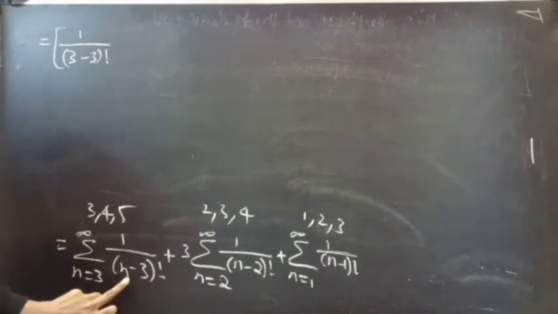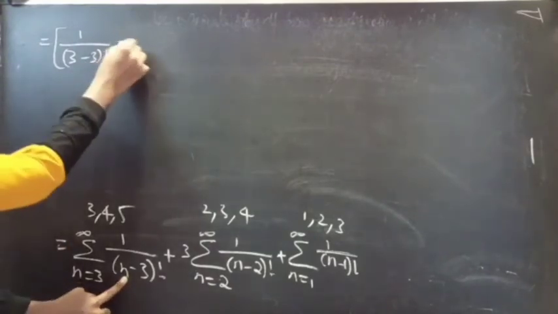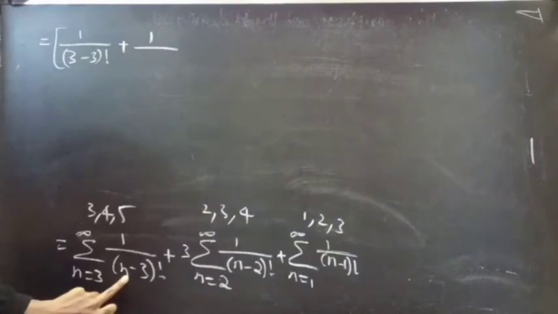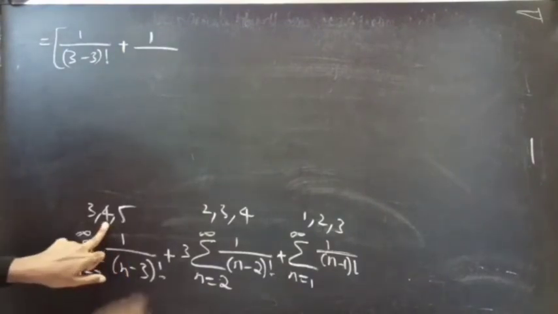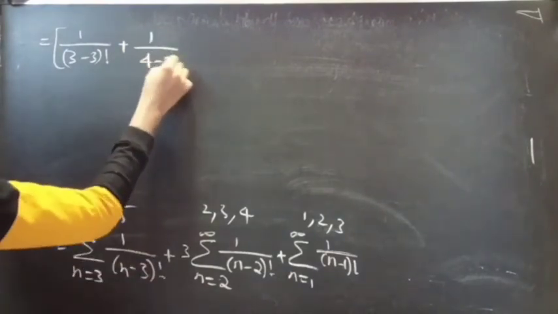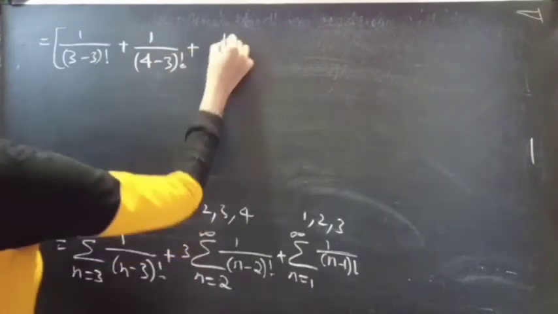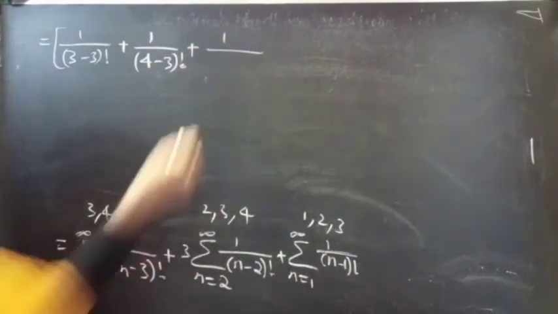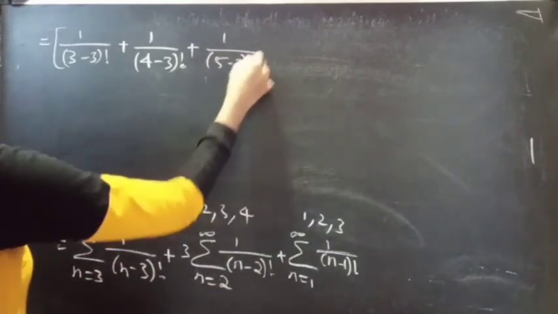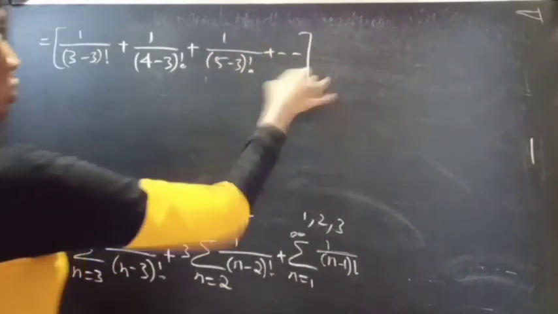So now put n equals to 3, you'll get this plus 1 by, for n equals to 4, you'll get 4 minus 3 factorial plus 1 by the next number 5 minus 3 factorial plus so on.